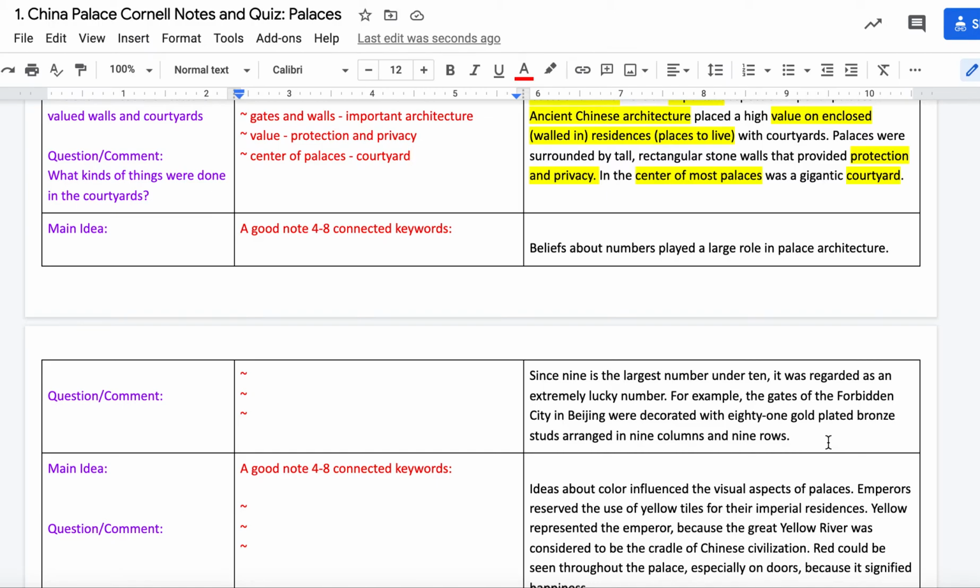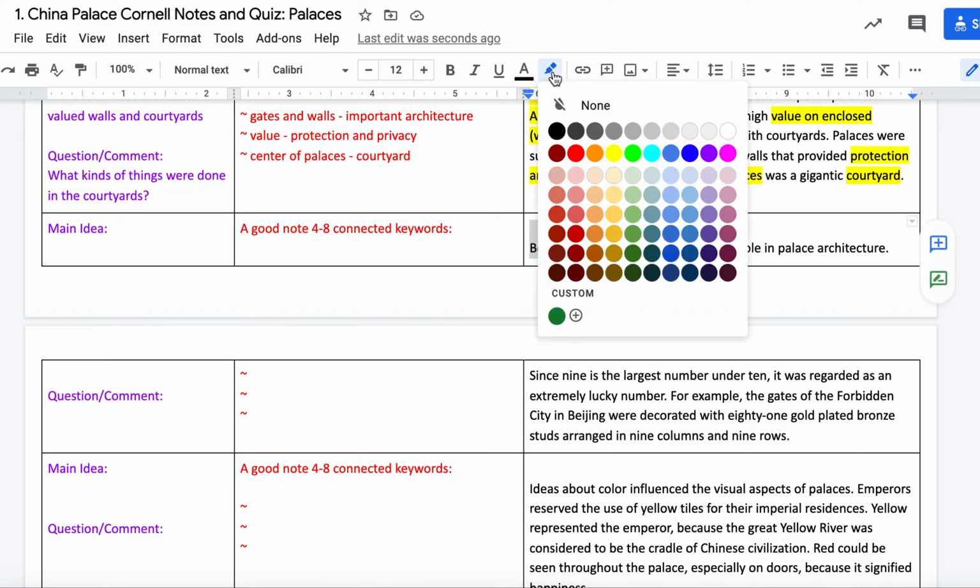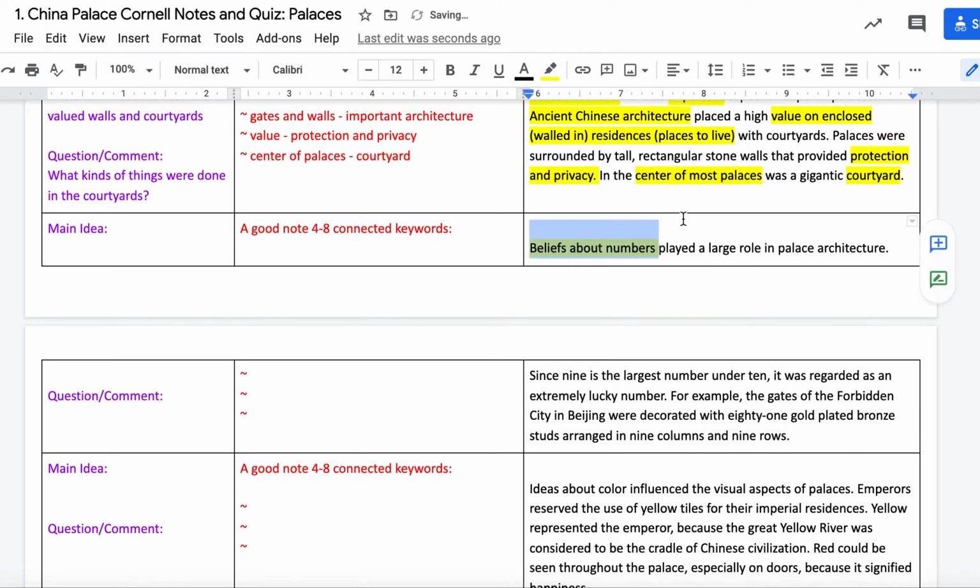palace in China. All right, so let's talk about how this paragraph is about beliefs about numbers, and how they influence palace architecture. And we want to talk about how 9 is a lucky number.